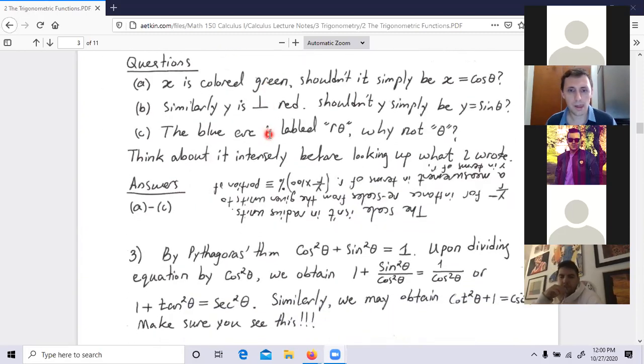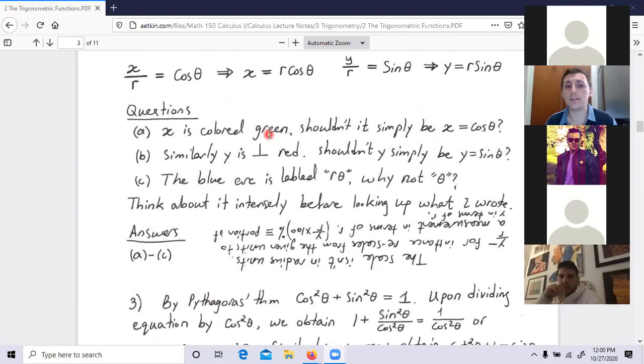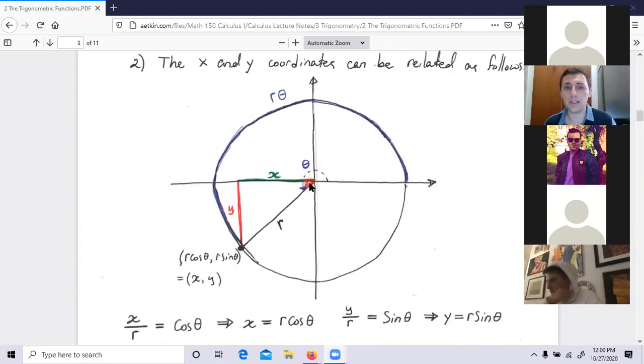Good. Now, by the Pythagorean theorem, cosine squared plus sine squared equals 1. Remember, we proved the Pythagorean theorem. You have it available. It's a pretty easy proof, yes? Well, basically we're saying that this length squared plus this length squared will be equal to 1. Why?